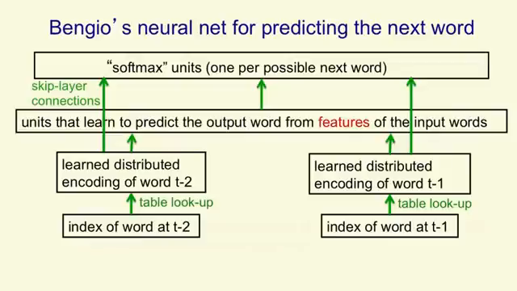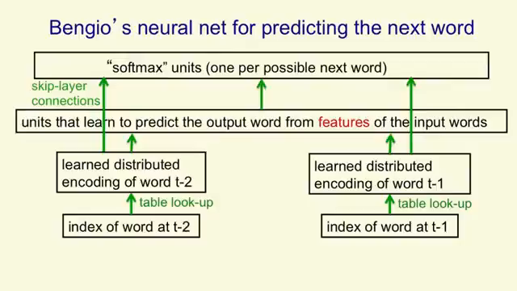One extra refinement that makes it work better is to use skip layer connections that go straight from the input words to the output words, because the individual input words are individually quite informative about what the output word might be. Bengio's model was actually slightly worse than trigrams at predicting the next word, but it was in the same ballpark, and if you combined it with trigrams it improved things.